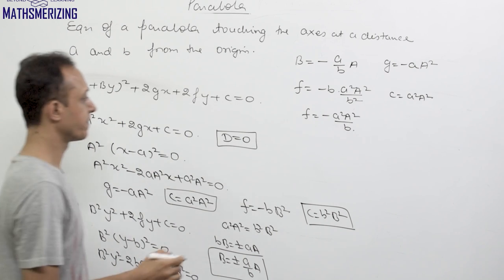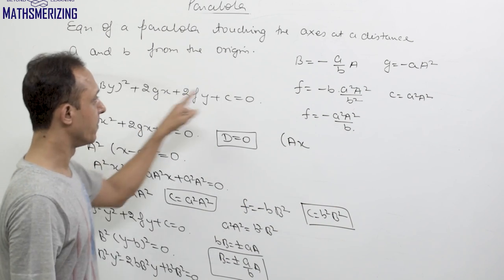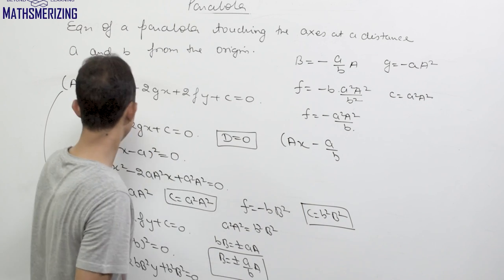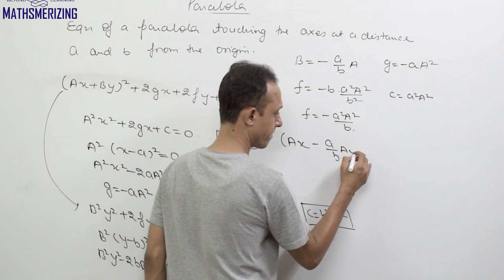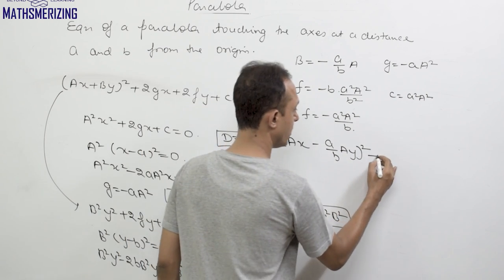So we can write it as ax, and then in place of b we can write minus a upon b, a into y whole square, and then plus 2gx.